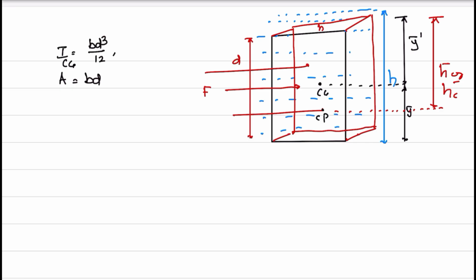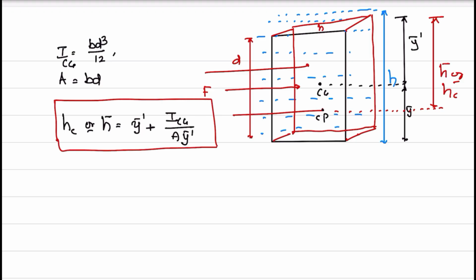then the center of pressure, H bar, is equal to y bar dash plus ICG by A into y bar dash. This is the formula.